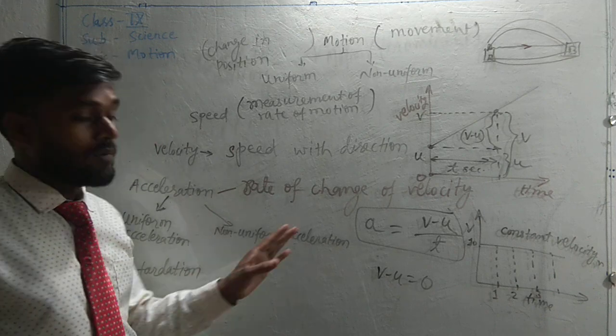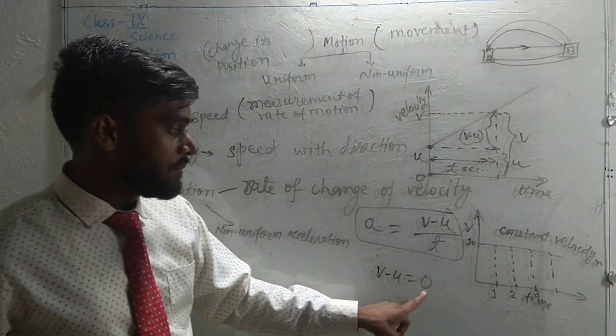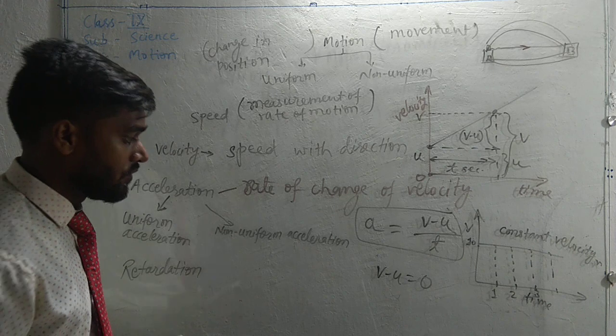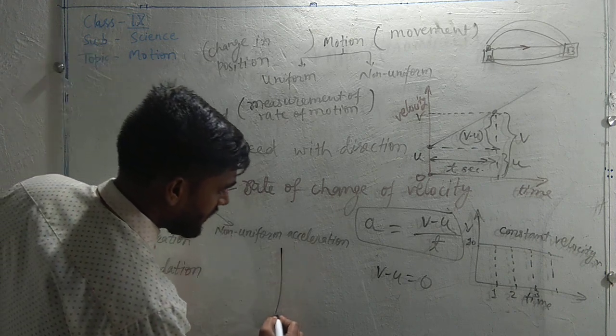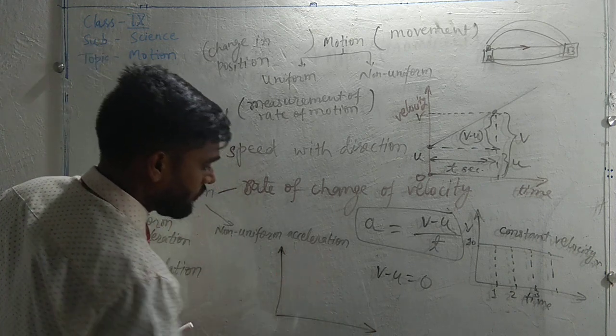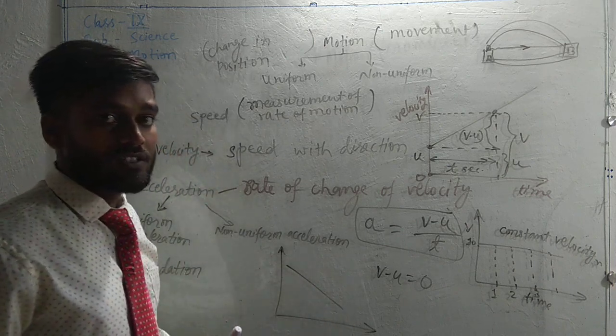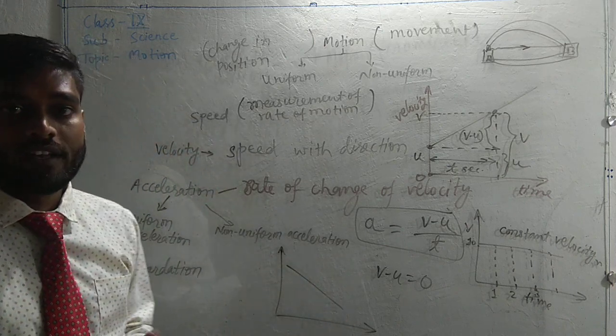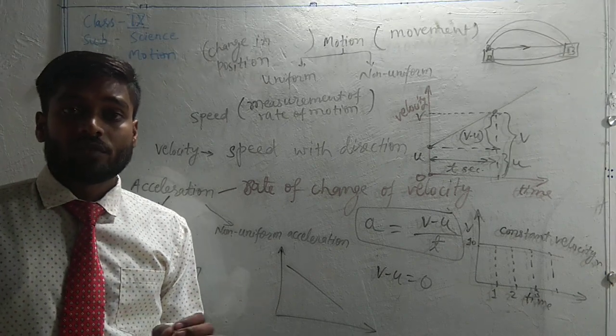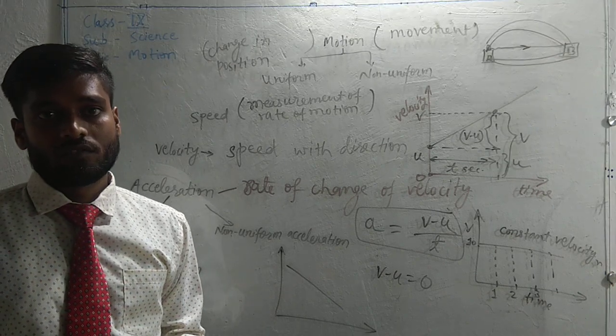So acceleration can be positive, acceleration can be zero, and there is one more case in which you find that velocity continuously goes down, hence decreases. When does it happen? It happens when brakes are applied.